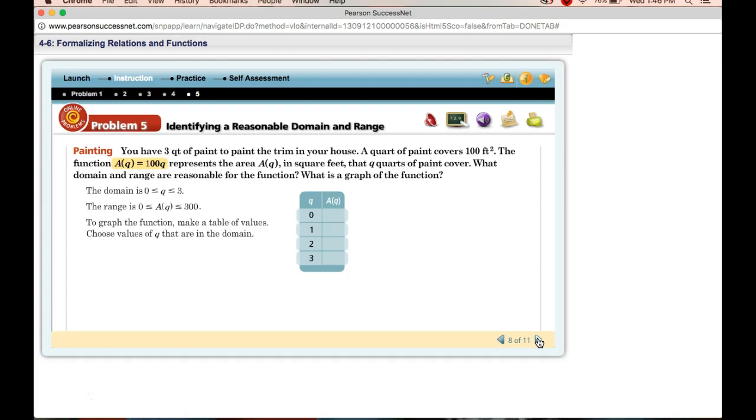Find A of q for each value of q in the table of values. Now graph the function.